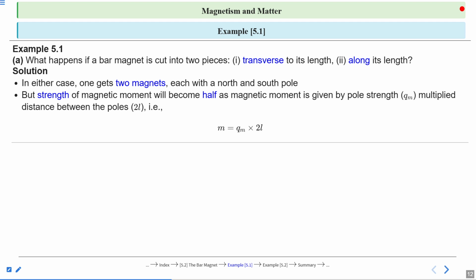So by this expression, M equals Qm into 2L. If we cut a magnet transverse to its length, the length will become half, so the magnetic moment will decrease. If we cut it along its length, then the pole strength will become half. Eventually, the magnetic moment will decrease.